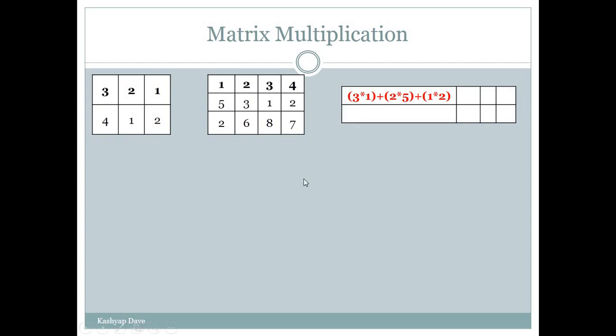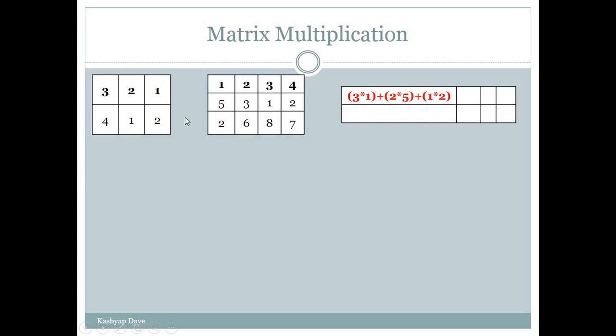The necessary condition is that the number of columns of the first matrix must be the same as the number of rows of the second. For example, the first matrix is 2 cross 3, so it has 2 rows and 3 columns, and another matrix is 3 cross 4, so the second matrix has 3 rows and 4 columns.